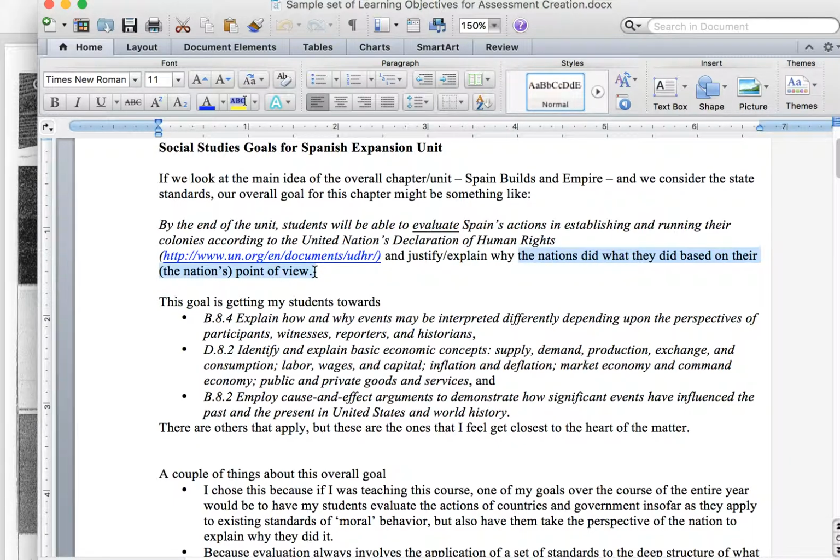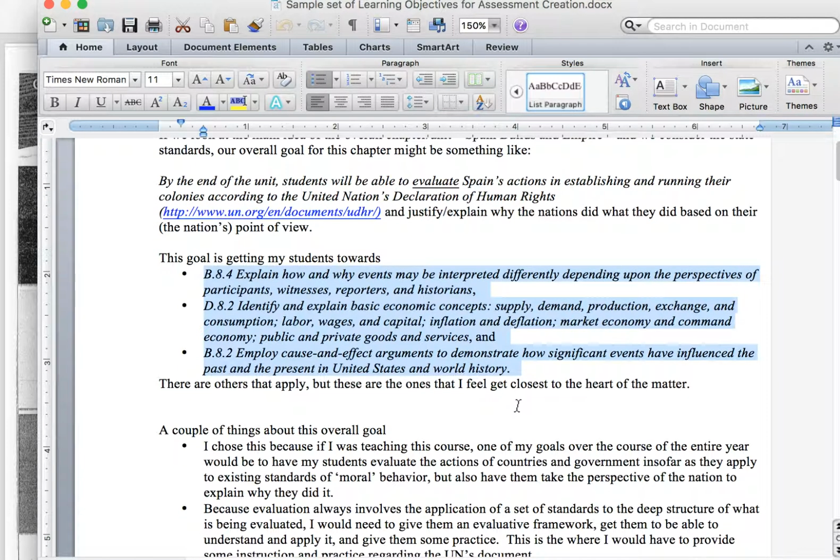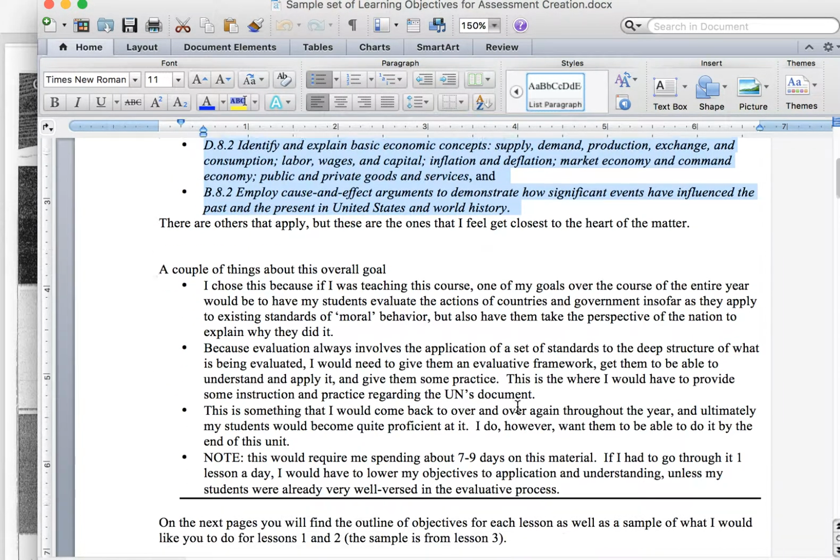Another thing is perspective taking. I have several standards that they're going to apply about perspective taking, about economic influences, and about cause and effect relationships that have impacted world history.